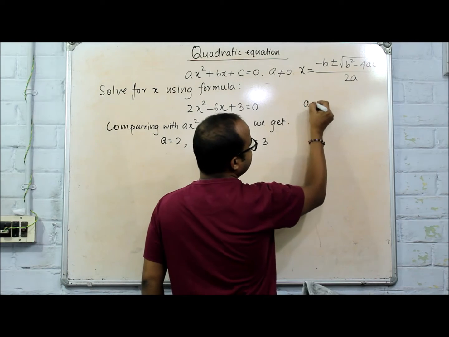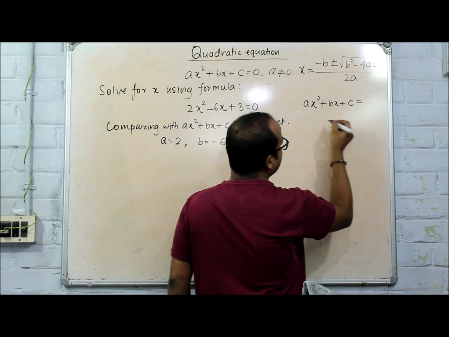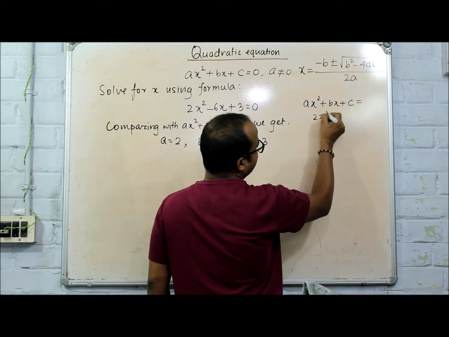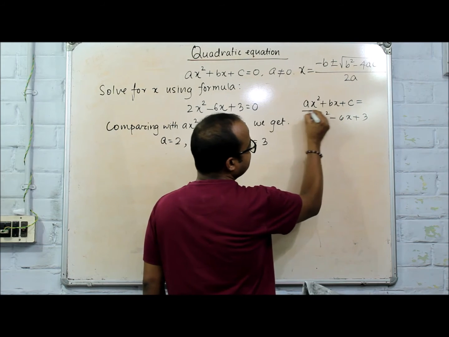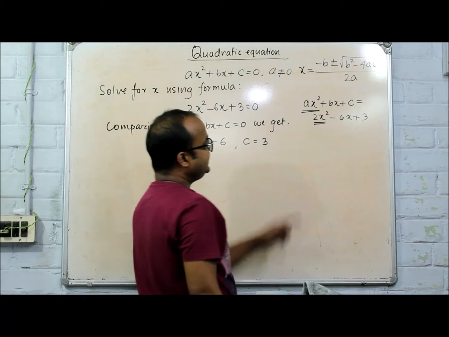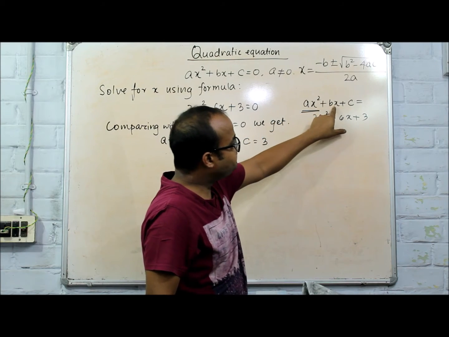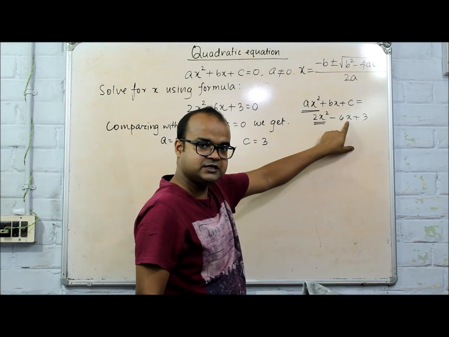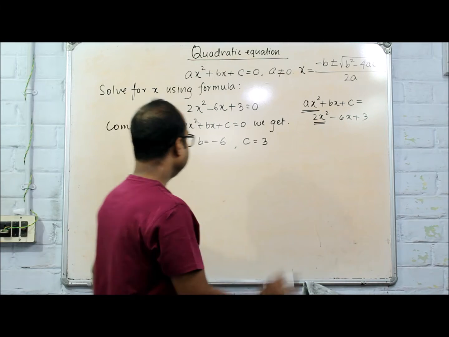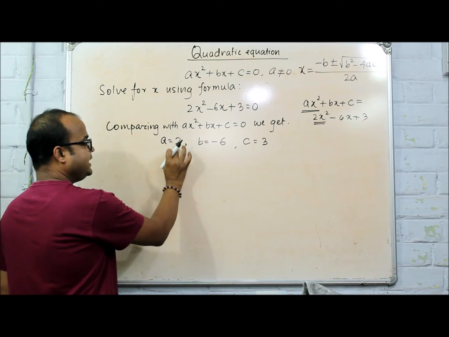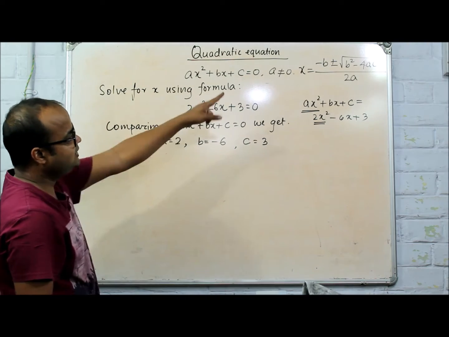I am showing this step here: ax square plus bx plus c is equal to 2x square minus 6x plus 3. So ax square is equal to 2x square, that means a is equal to 2; bx is equal to minus 6x, so b is equal to minus 6; and c is equal to 3.